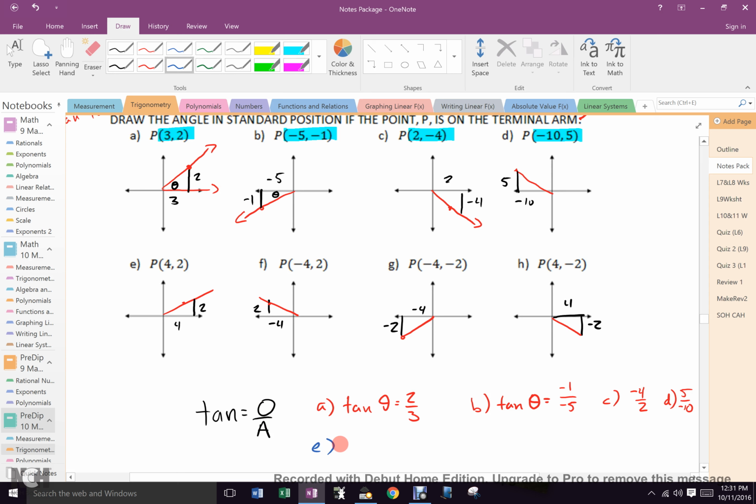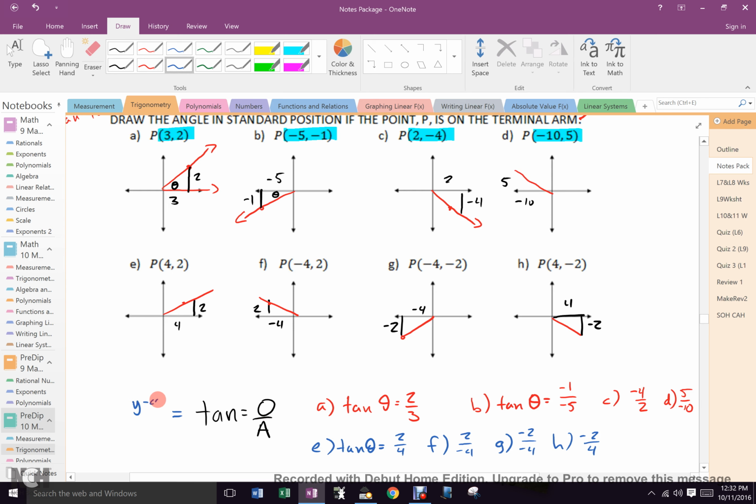So for E, tan theta is also y/x, which is 2/4. F? 2/-4. G? -2/-4. And H? -2/4.